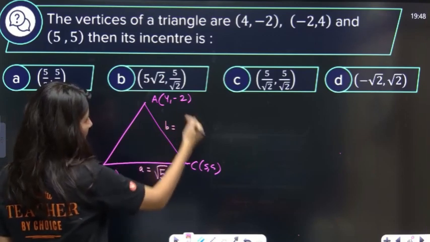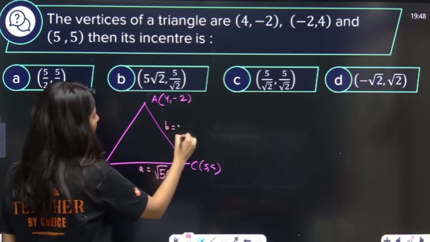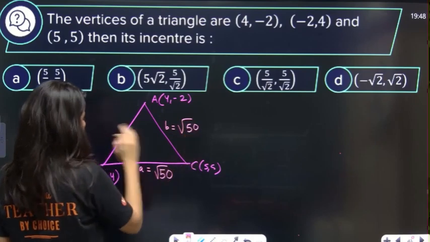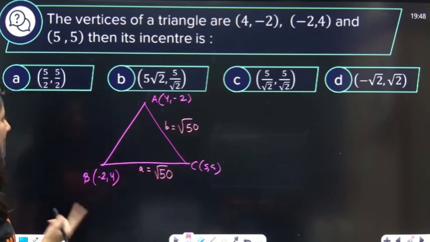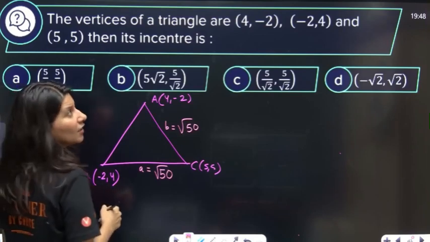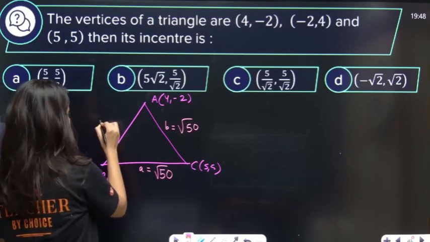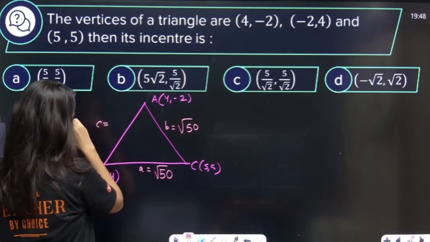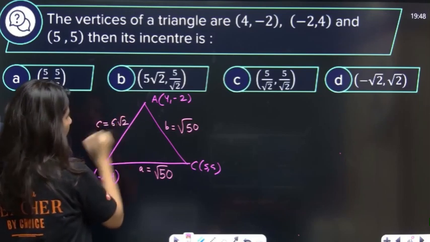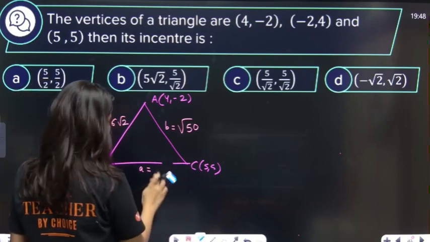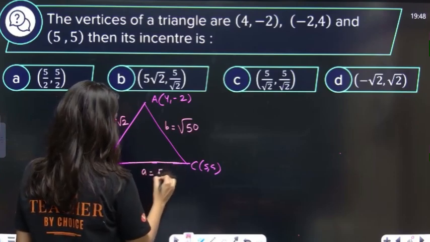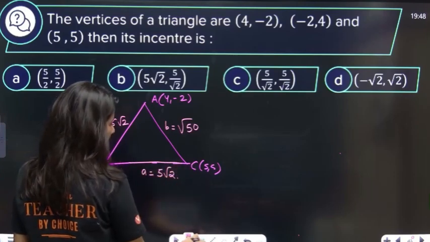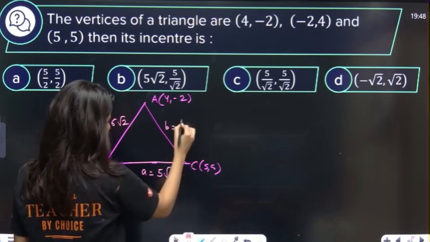B is equal to square root of 1 plus 49, so again root 50. And C is square root of 36 plus 36, so C is equal to 6 root 2. And root 50 is going to give you a equals 5 root 2, b is also 5 root 2.